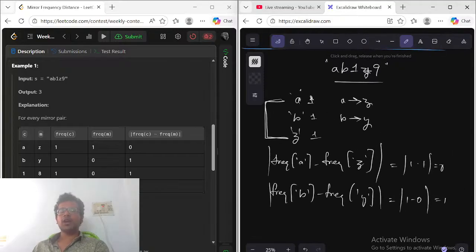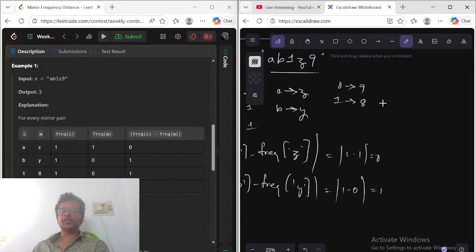Now, after that, I have 1 and 9. For 0, the mirror character is 9. For 1, it is 8. The frequency of character 1 is equal to 1, and the frequency of 9 is equal to 1.